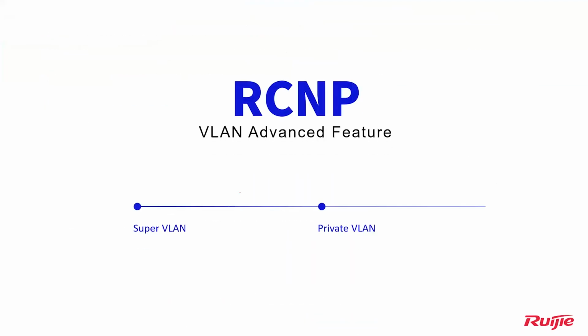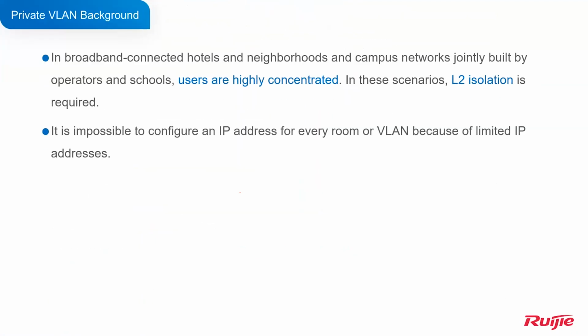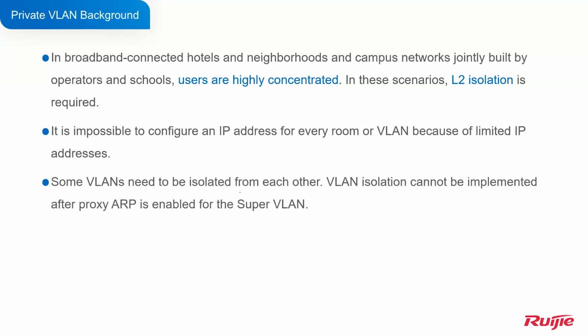After finishing the introduction of super VLAN, next let's see another technology called private VLAN. Let's see the background. When we introduced the super VLAN, we said that we can use a super VLAN to do the layer 2 isolation, right? But some VLANs need to be isolated from each other. VLAN isolation cannot be implemented after proxy ARP is enabled for the super VLAN.